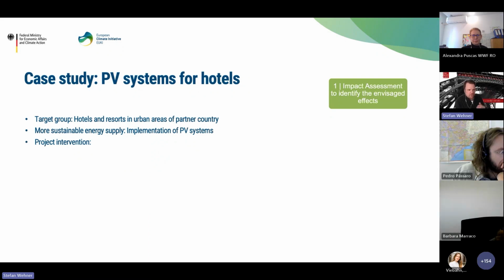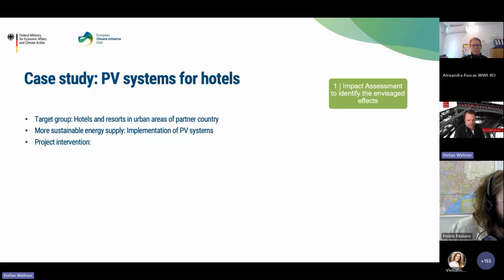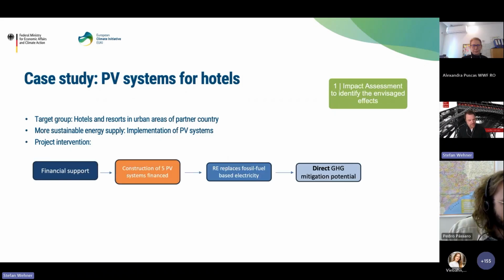At the moment, we would like to look at a more sustainable energy supply, so promoting the implementation of PV systems, because the sun is shining and we would like to use that. And we have two different project interventions. We have one which provides financial support.